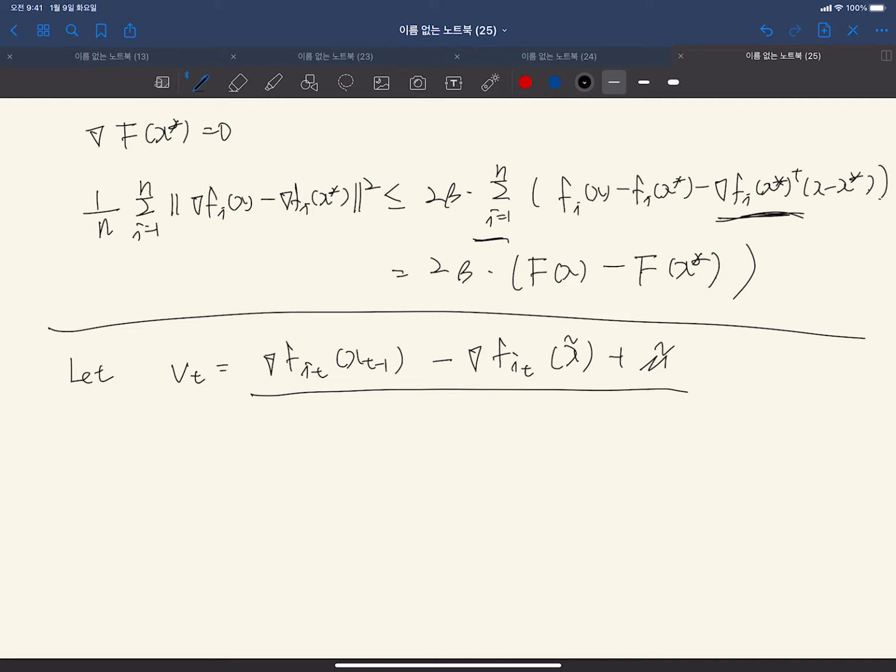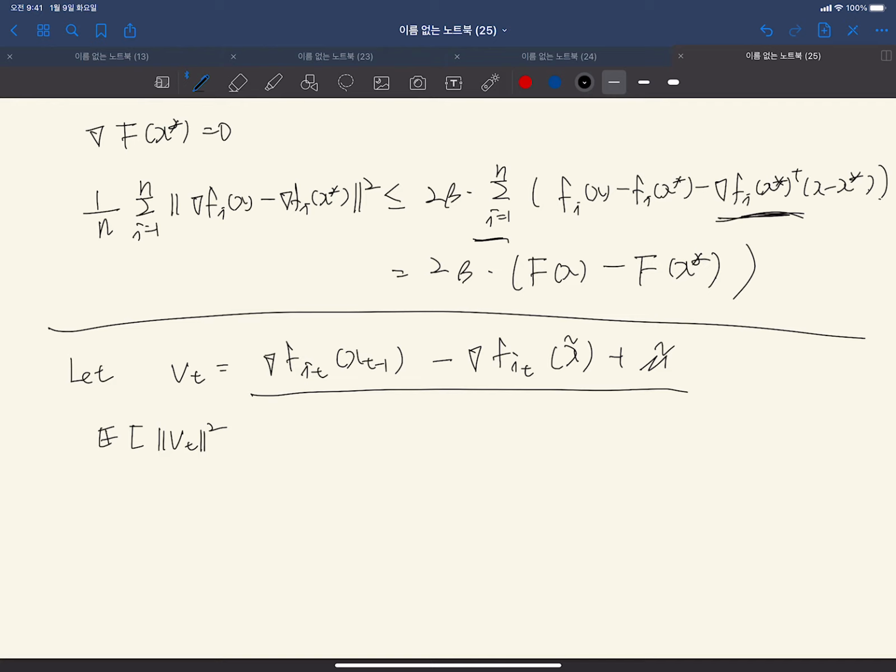Okay. And now I will show that the variance of v_t is upper bounded by something, and the something converges to 0 as the number of iterations grows. Okay. Since the variance is very hard to deal with, I will use the norm squared of v_t.